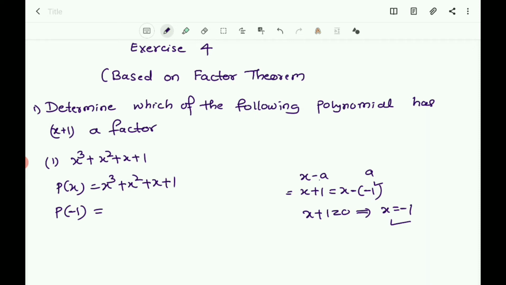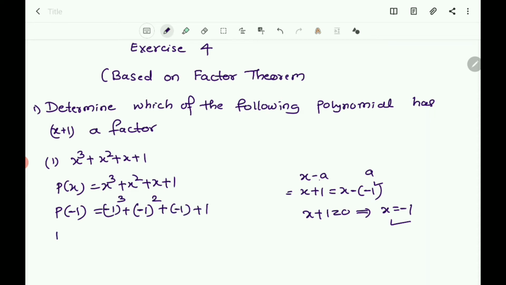So you find p of minus 1 here. In the place of x we have to take minus 1. X cube means minus 1 the whole cube, plus x square means minus 1 whole square, plus minus 1 plus 1.